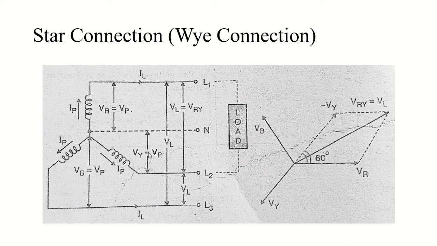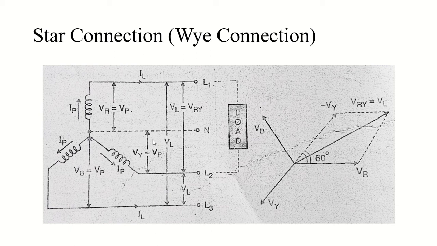Again, Y and the neutral point is VY, a phase voltage. And between B and the neutral point is again a phase voltage, VB. So they are called VR, VY, and VB.